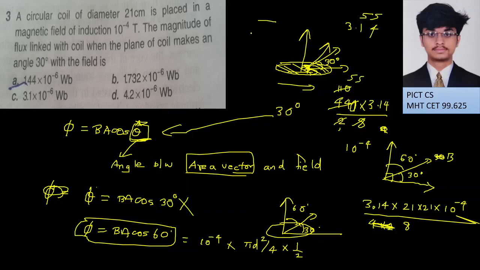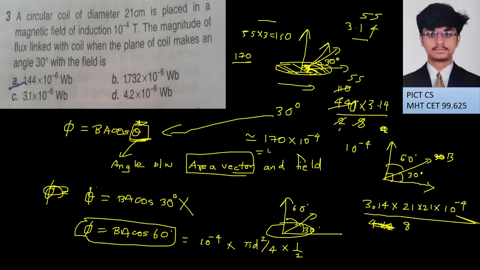We know 55 into 3 is about 165, and due to some error the answer might go to 170 approx, right? So the calculation will be 170 approx, into 10 raised to minus 4.